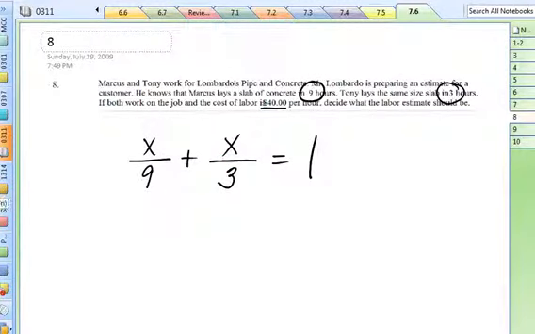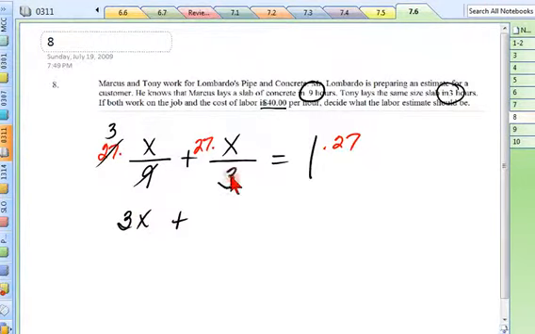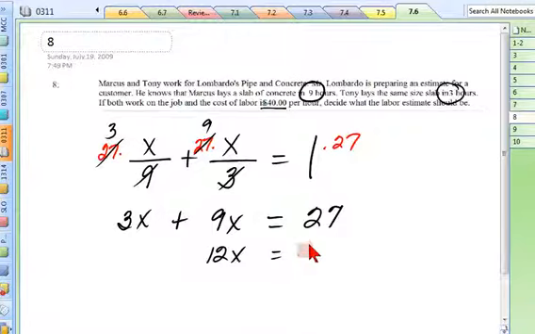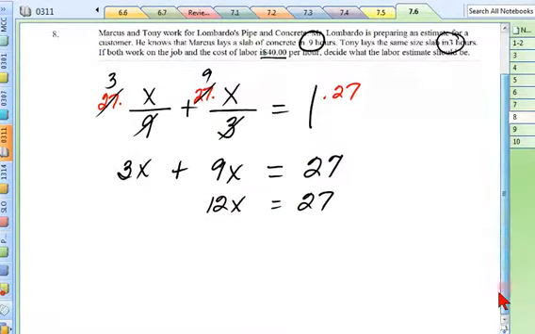If we're a little bit on the lazy side, and I multiply by the least common denominator, which is 27, I get 9 goes into 27 3 times, so I have 3x plus 3 goes into 27 9 times, 9x is equal to 27. So 12x is 27.